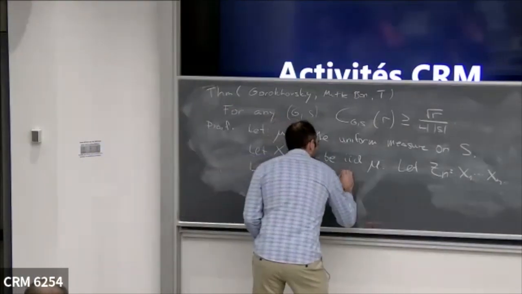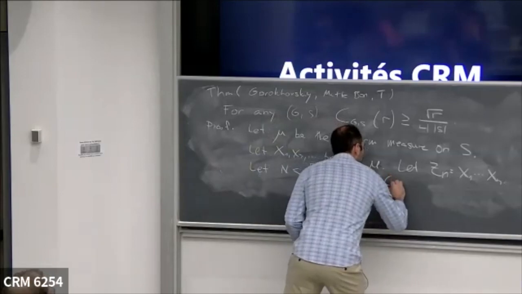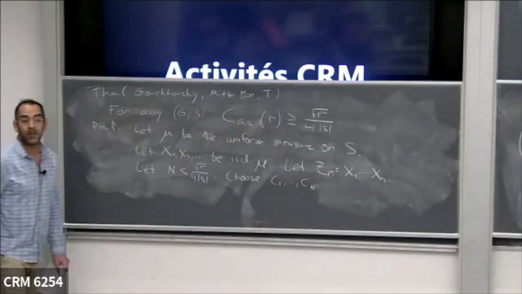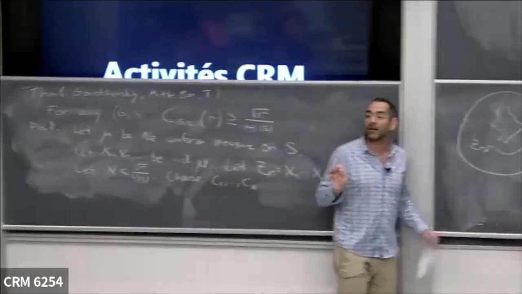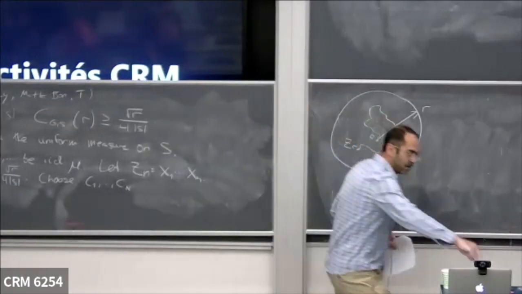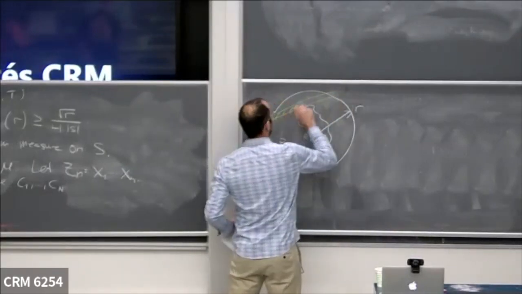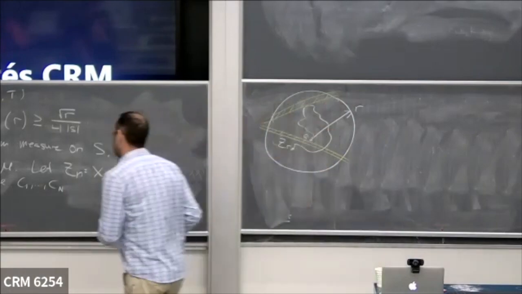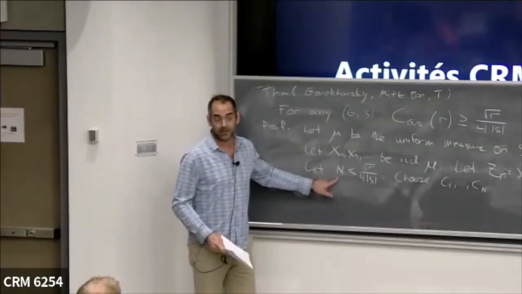I'm going to choose any cosets of infinite index, C1 up to Cn. Imagine that somebody says, take a look at these, I think they cover your ball of radius r. There's one here, and another one here; I have n of these. I want to prove that they don't cover the ball of radius r.